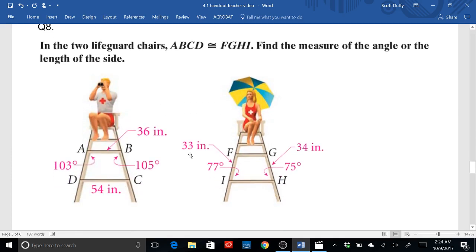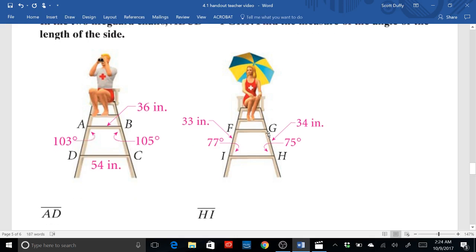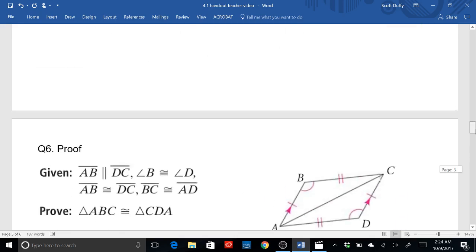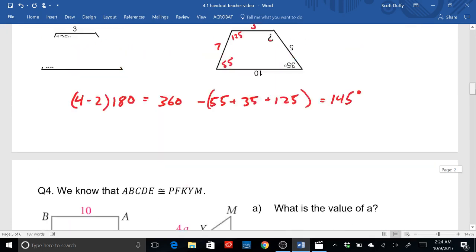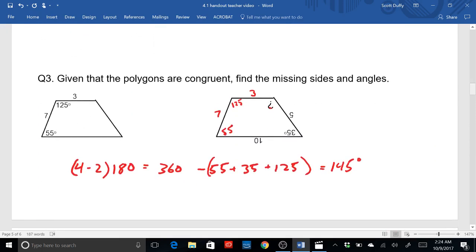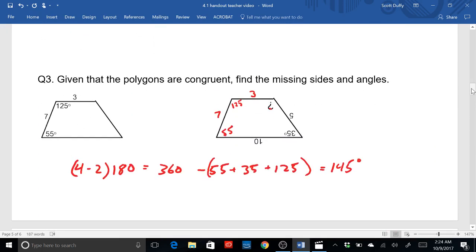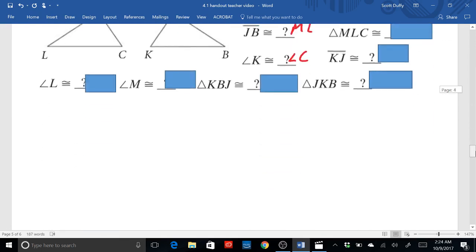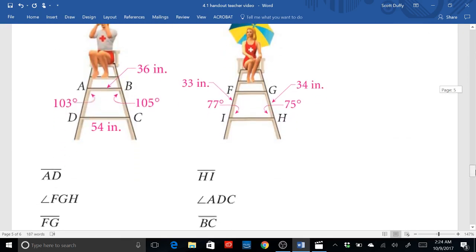Question 8 is a little bit tricky, but all you have to realize is that it is very similar to this one. So what you can do is make sure that you have drawn in everything that you know.